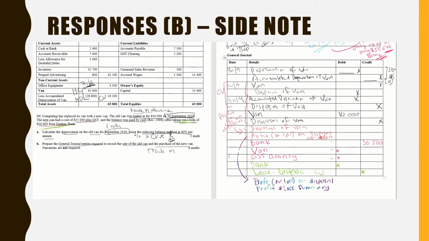Okay, what I mean is, in this case here, if you notice, the question specifically asks you to record only the sale of the old van and the purchase of the new van. It did not say anything about depreciation. But in this case here, we have recorded the depreciation because it is still part of the process of recognizing the depreciation up to date prior to selling.